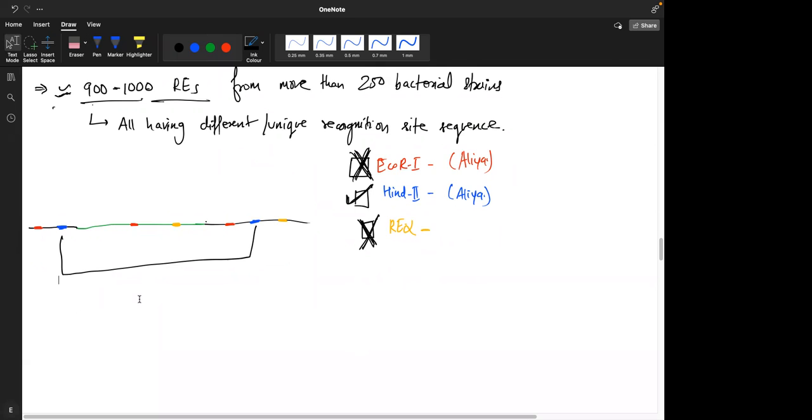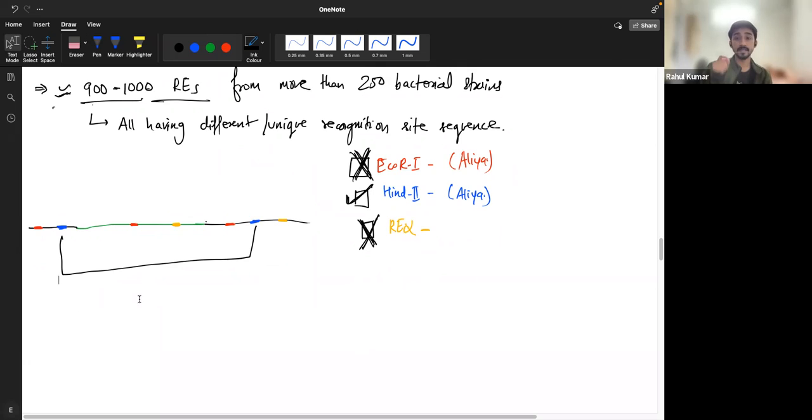We select those restriction enzymes for gene cloning which give us a single and clean DNA fragment containing our gene of interest.